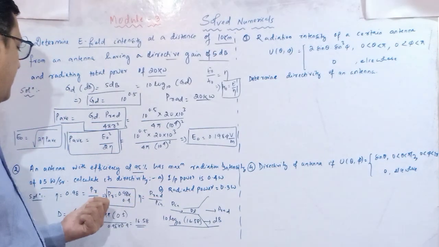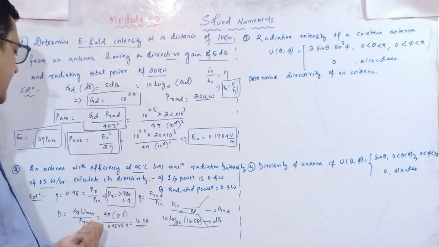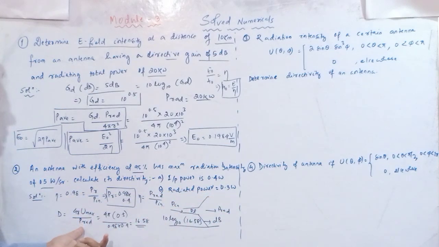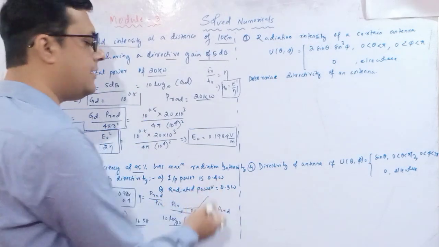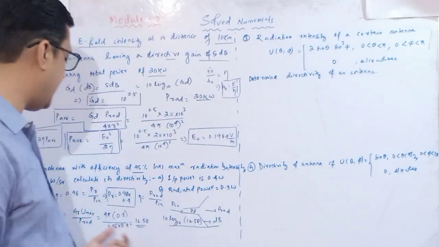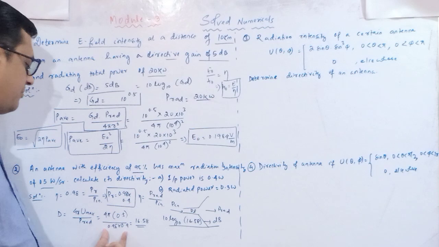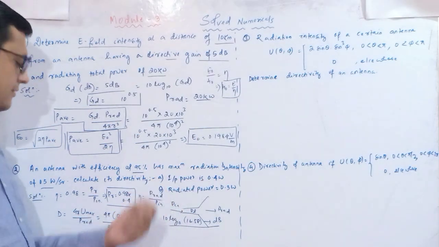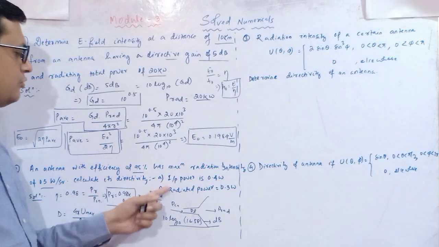So radiated power means here power radiation, directly I will substitute as 0.3 watt. So here no need to calculate with respect to the efficiency because already the radiated power is given as 0.3. So directly here in place of this 0.98 into 0.4 substitute 0.3. You will get your new directivity. These are the two possible cases.